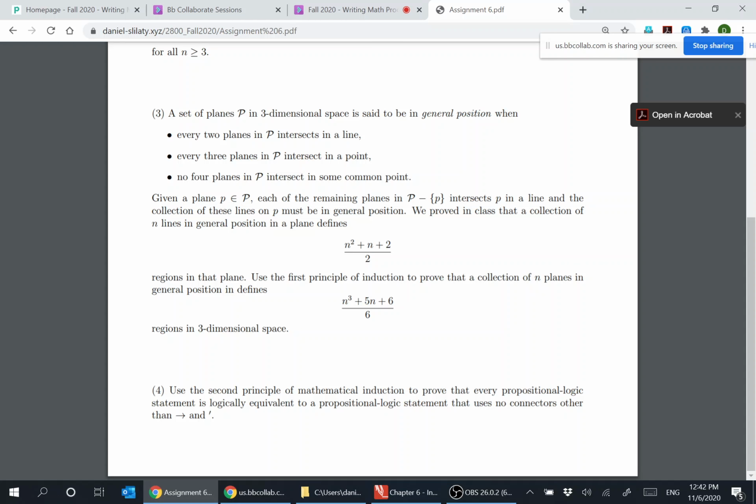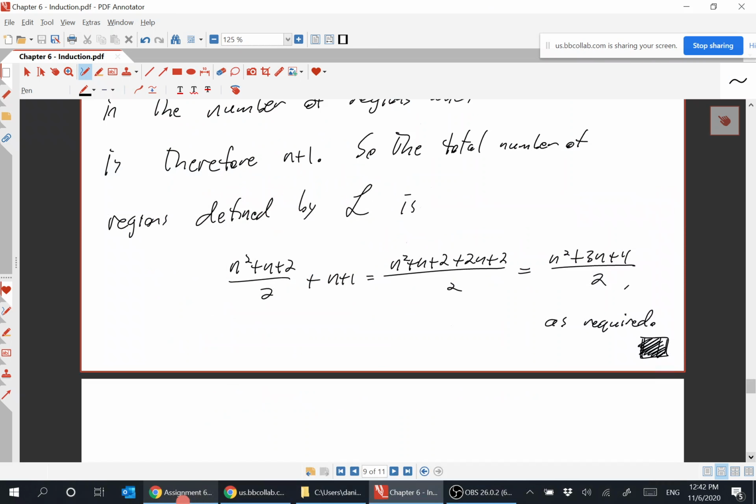Okay? So a collection of planes in general position means the following. Every 2 planes intersect in a line. So planes are not parallel. Did everybody take Calc 3? Has anyone not taken Calc 3 yet?